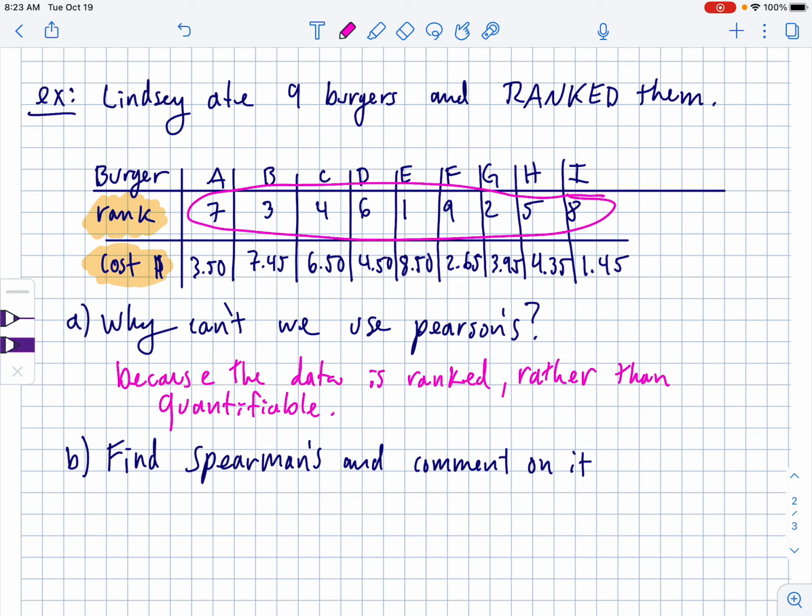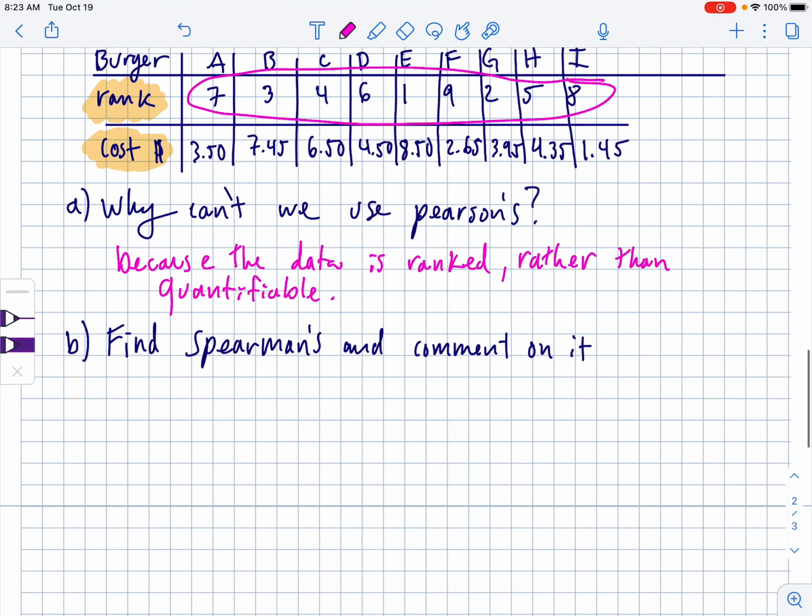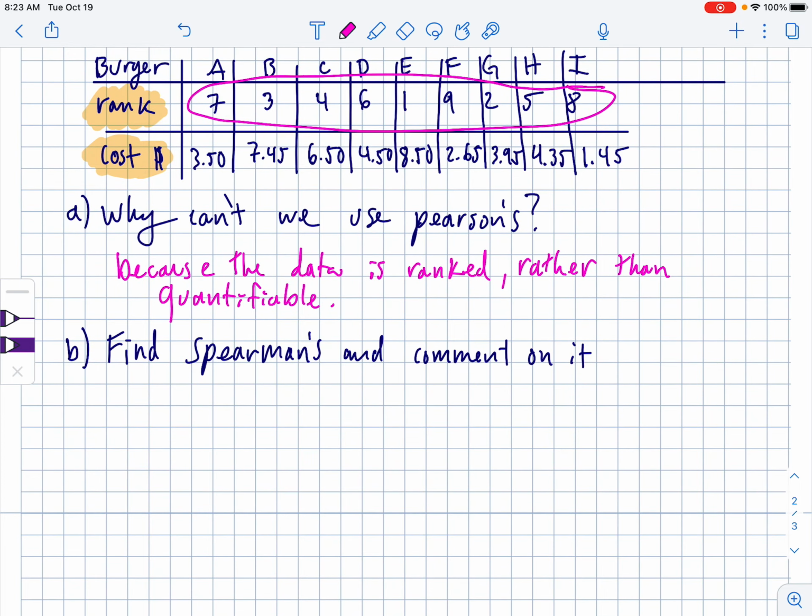Because she already ranked the burgers, it's not quantifiable data, it's just ranked data. So we can't use Pearson's. It doesn't make sense. We can use Spearman's correlation coefficient. So once again, you're going to want to rank both sets of data.